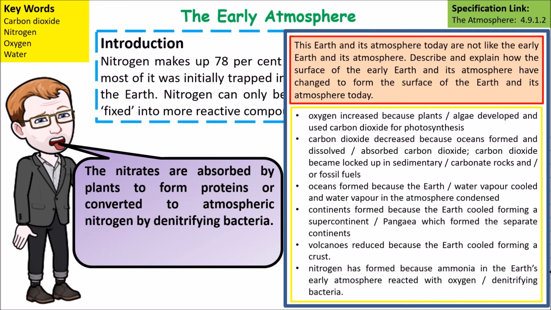You need to talk about oxygen increasing, happening by photosynthesis, carbon dioxide decreasing because it's being locked up or forming sedimentary rocks after it's been locked up in shells, oceans forming, so water vapour condensing, volcanic action reducing, so they're putting less gas into the atmosphere, and nitrogen forming because ammonia in the Earth's early atmosphere reacted with oxygen or was converted by denitrifying bacteria.